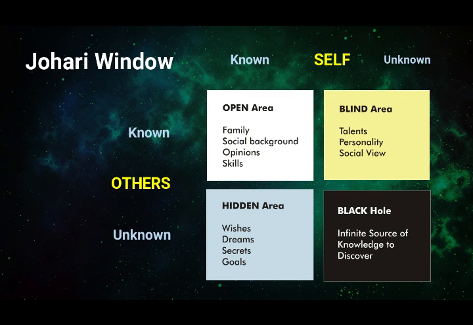Most people live their life in the first zone of known or the known unknown. They don't want to hear what people say, so they don't get into the blind area. They don't want to listen to what people have to tell about them. And some people don't even want to get into the hidden area, where they want to keep whatever their wishes and dreams are, and they are convinced not to express those wishes, dreams, secrets, or create goals.